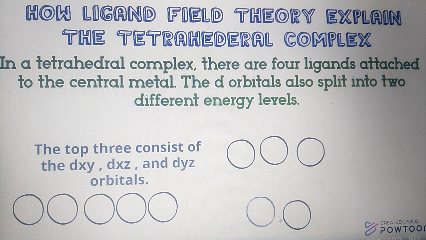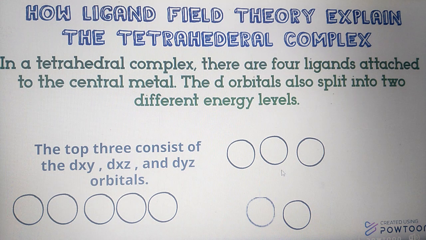In a tetrahedral complex, the energy of t2g becomes high due to the approaching ligand and inter-electronic repulsion, while the energy of eg becomes less as compared to t2g and as compared to the degenerate orbitals of the free metal ion.